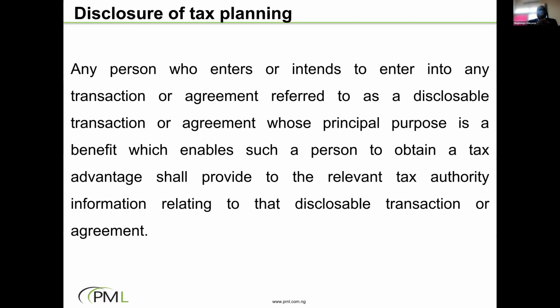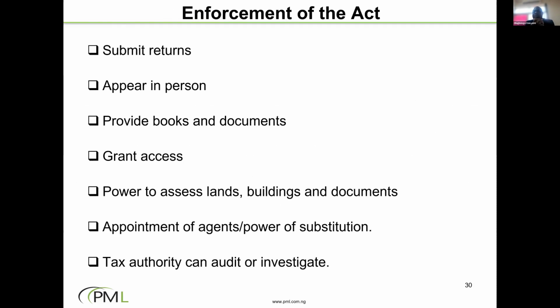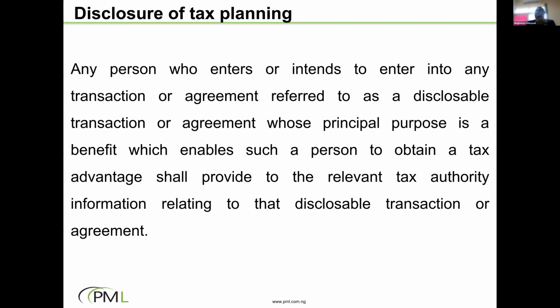Now, there is this aspect that there should be a disclosure of tax planning. Any person who enters or intends to enter into a transactional agreement referred to as a disclosable transaction, or an agreement where the principal purpose is a benefit which enables such a person to obtain a tax advantage, shall provide to the relevant tax authority information relating to that disclosable transaction.